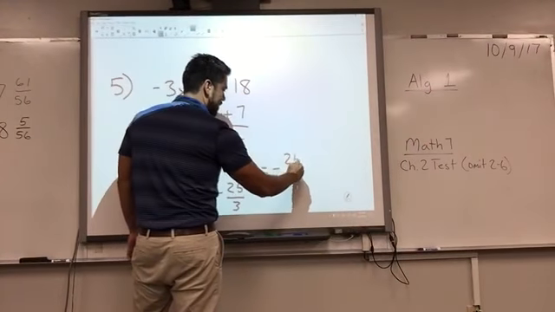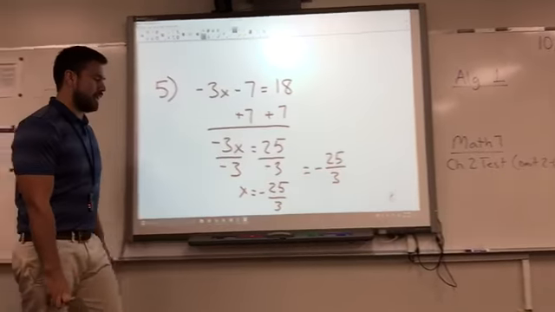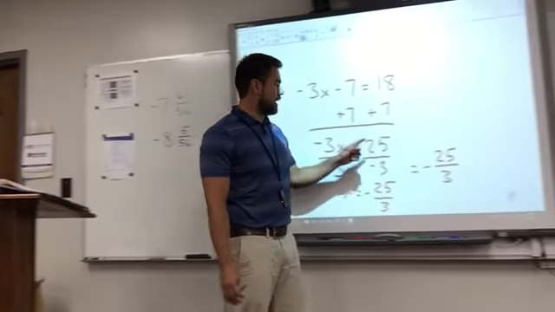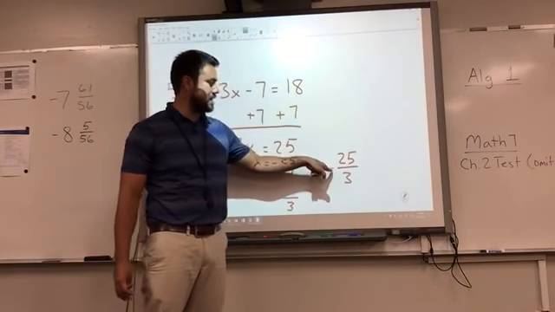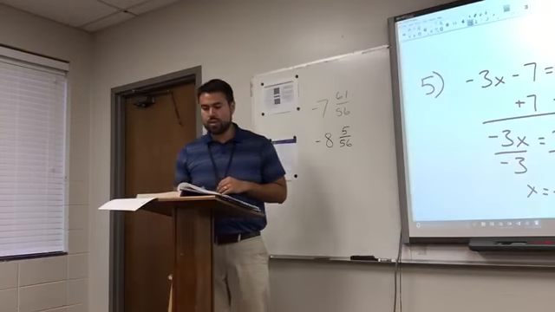Yeah, I'll try to put it in the middle as best I can. Like that. They're all the same thing, all worth the same amount, because a negative divided by a positive or a positive divided by a negative is negative. So that's our answer. And you can put negative 8 1/3.